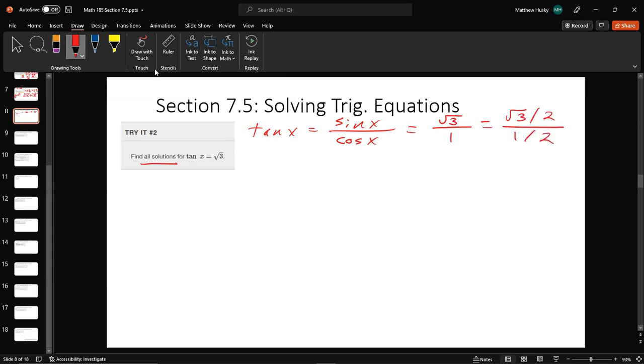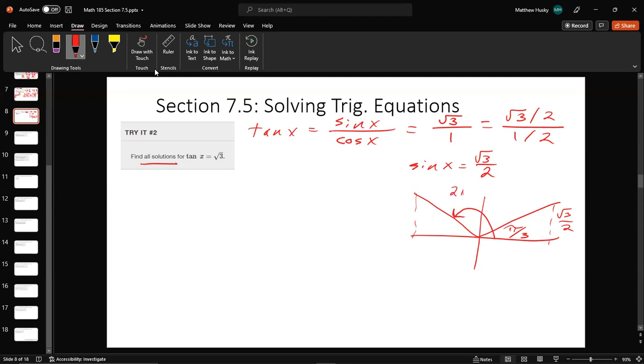And fun fact, sine of x equals root 3 over 2. So here's root 3 over 2, which is across from a 60-degree angle, also known as pi over 3. And the one on the other side is going to be 2 pi over 3.